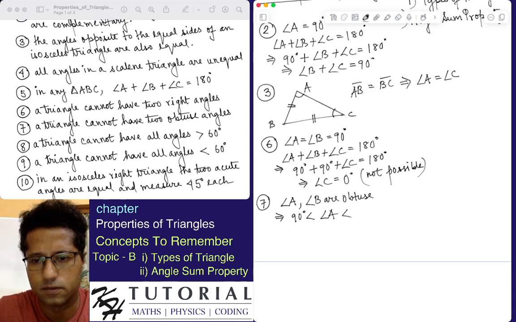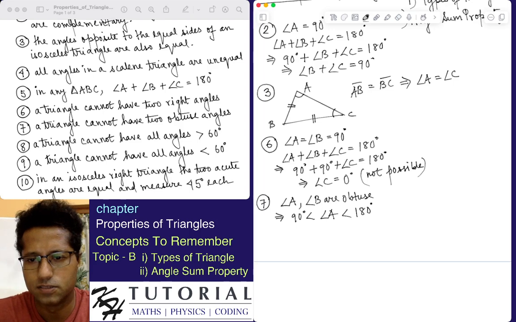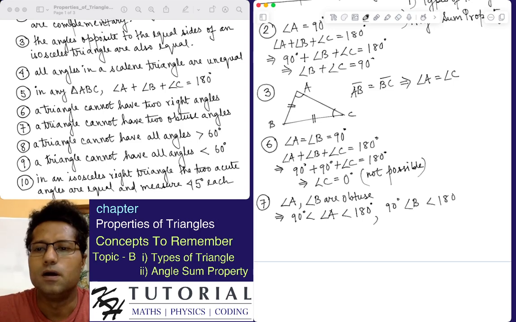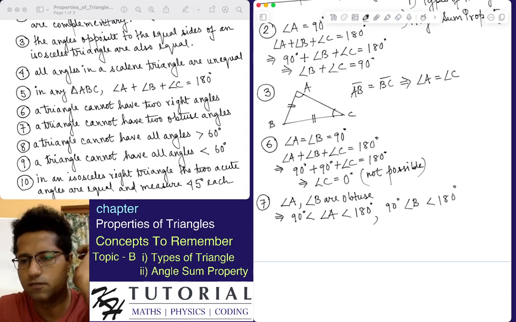We have this inequality, or the range of values: both angle A and B are greater than 90 degrees and less than 180 degrees.